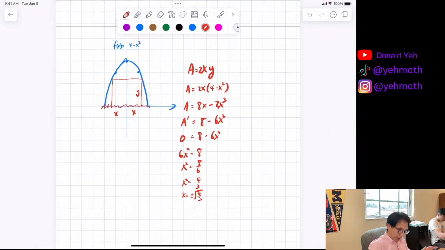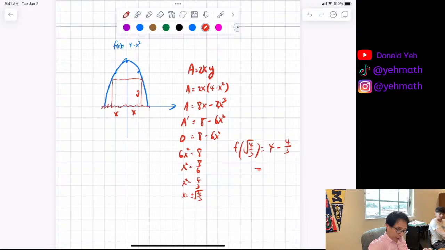If I plug in 4 over 3 here, then it's going to be 4 minus 4 over 3, I think.